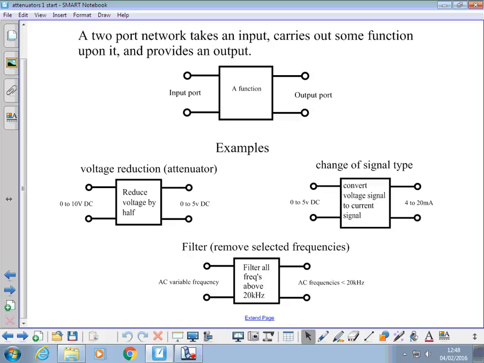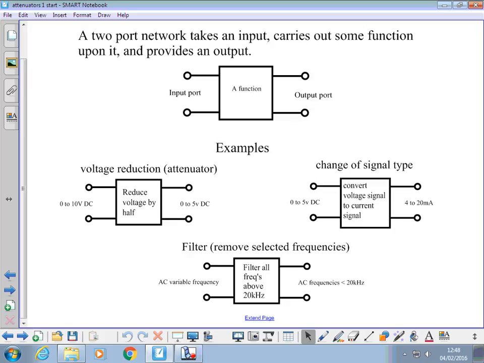Is that what attenuate means? Attenuate means reduce. It could be anything; it could be a current attenuator, but normally we talk about voltage attenuation.